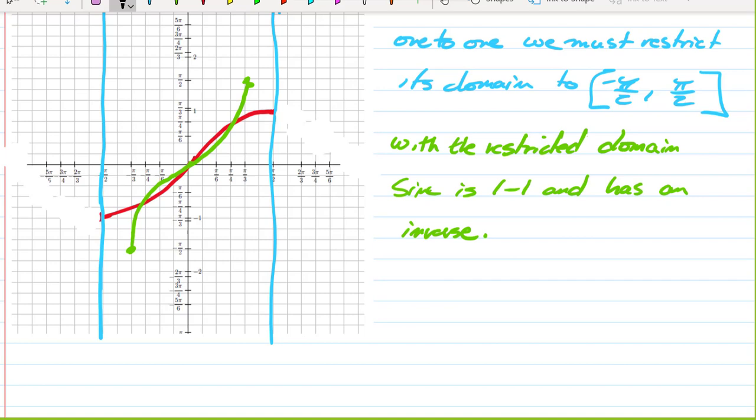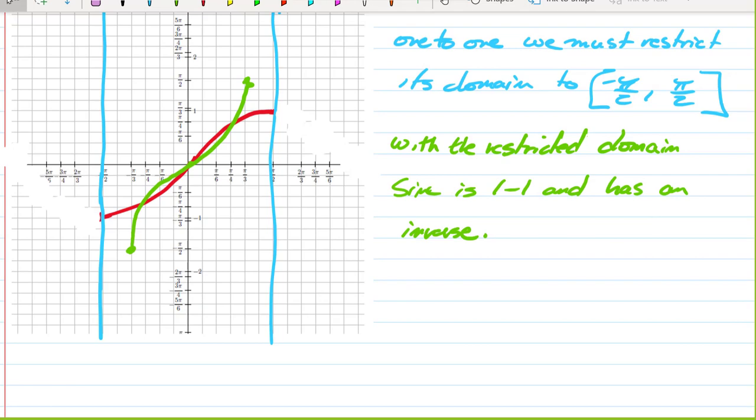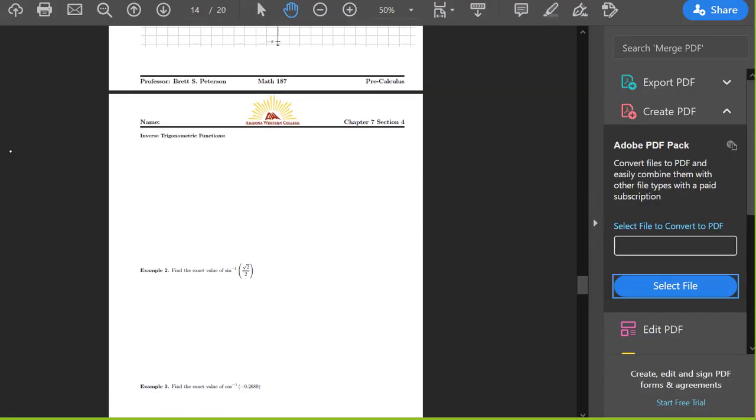But that function doesn't have an inverse. So when we do this, we have to cut things up just a little bit to make things work the way they are supposed to. So let's go ahead and talk a little bit about our inverse trigonometric functions.